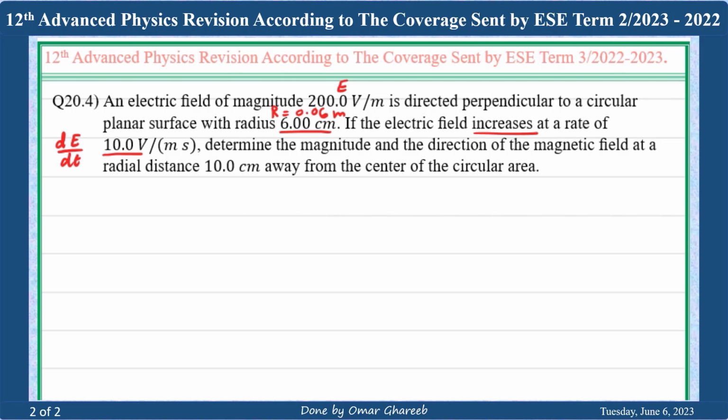Determine the magnitude and the direction of the magnetic field at a radial distance, which is the distance needed, 0.1 meter away from the center of the circular area. Now we need the magnetic field. We will use the Maxwell-Ampere equation, the line integral of B dot ds, because we need to find the magnetic field.